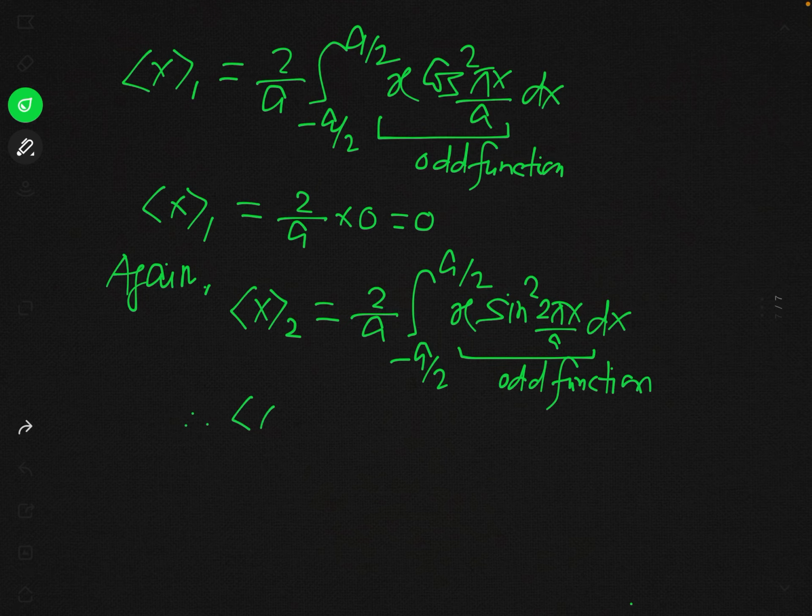Therefore the expectation value of x in the first excited state will be 2 over a times 0, and so this is 0. So in this way you have seen how easily we can solve problems based on the concept of the symmetric potential well. But for this you must remember the eigenfunction and the energy eigenvalue for solving such types of problems.